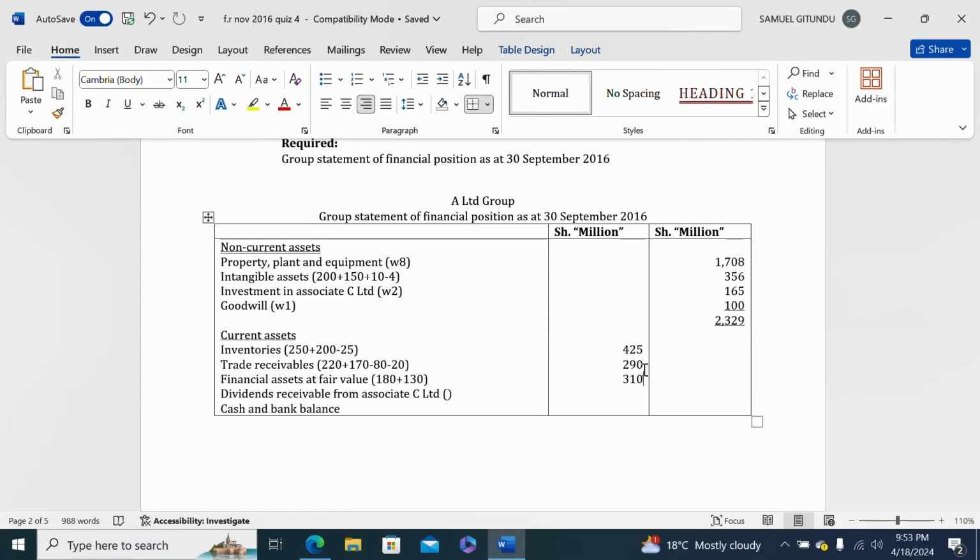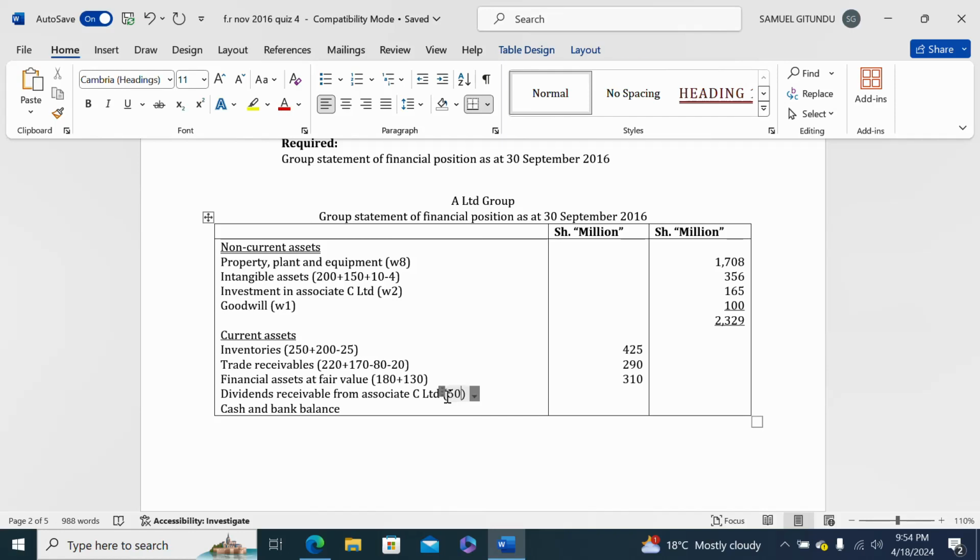We continue to the dividend receivables. The dividend receivables from the associate are just 50, which we multiply by 30%, because the parent, which is A Limited, controls 30% of C Limited, which is an associate.